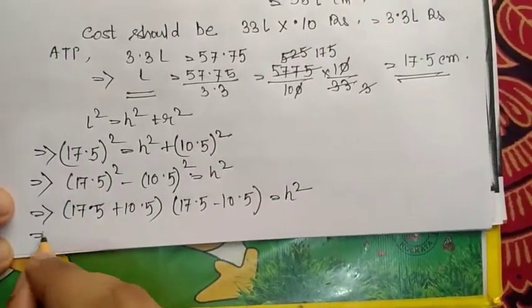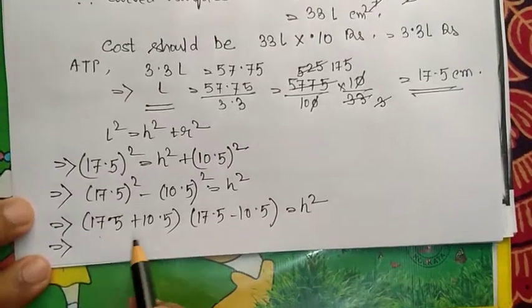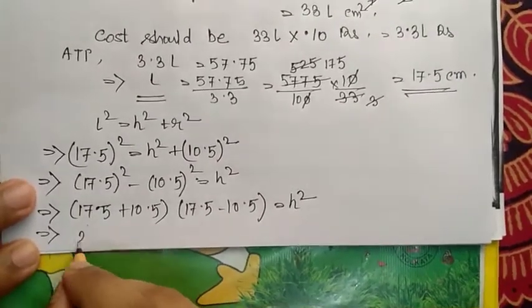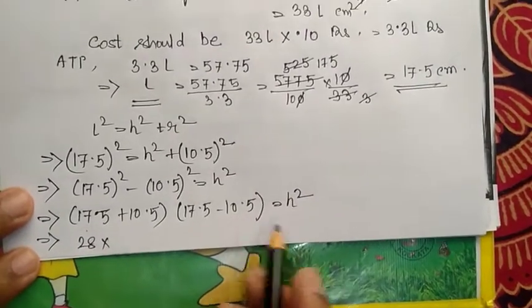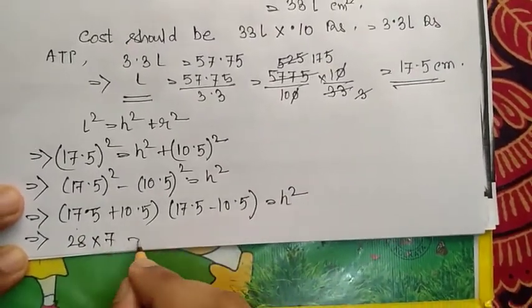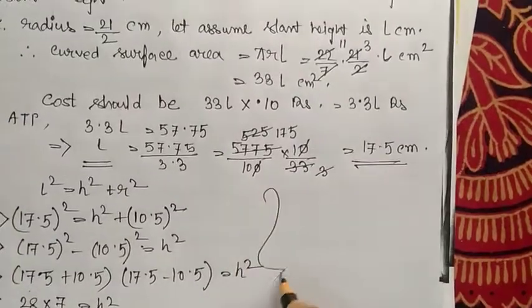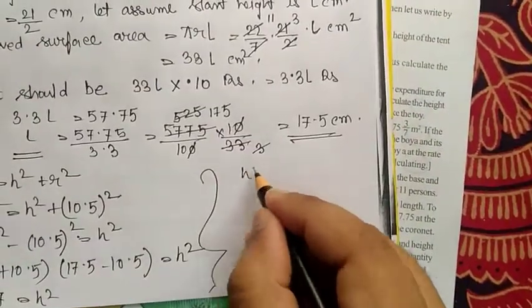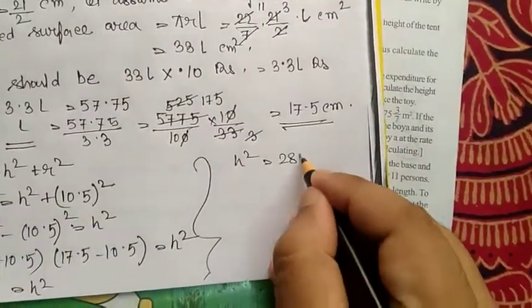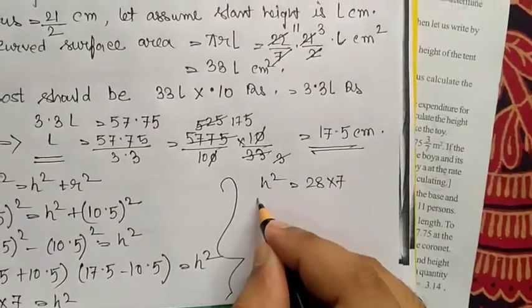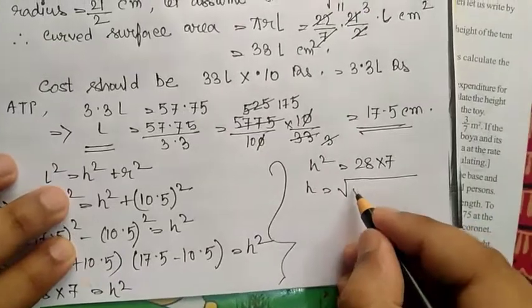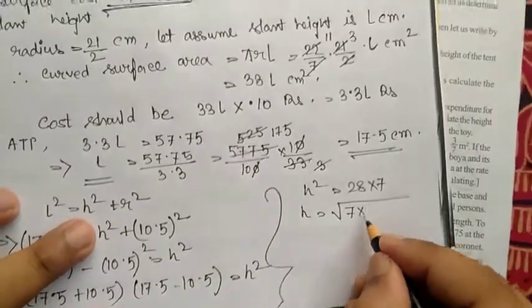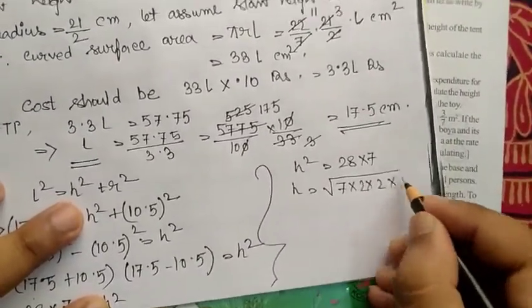17.5 plus 10.5 is 28, and 17.5 minus 10.5 is 7, equal to H square. So H square equals 28 into 7. So H equals root over 28 into 7, that is 7 into 2 into 2 into 7.